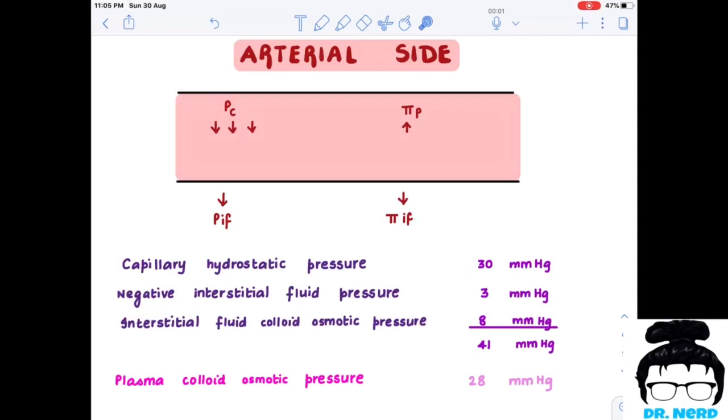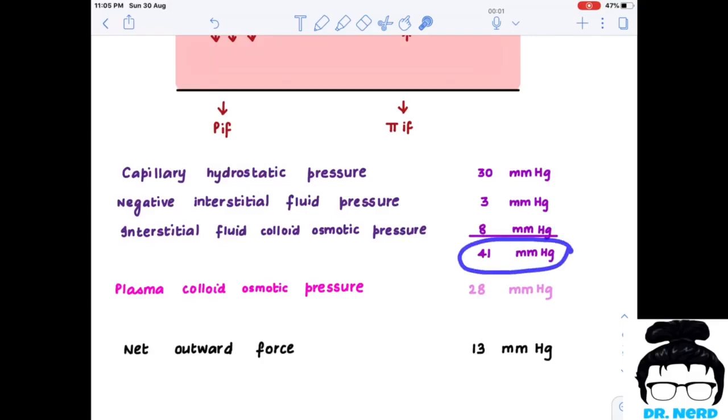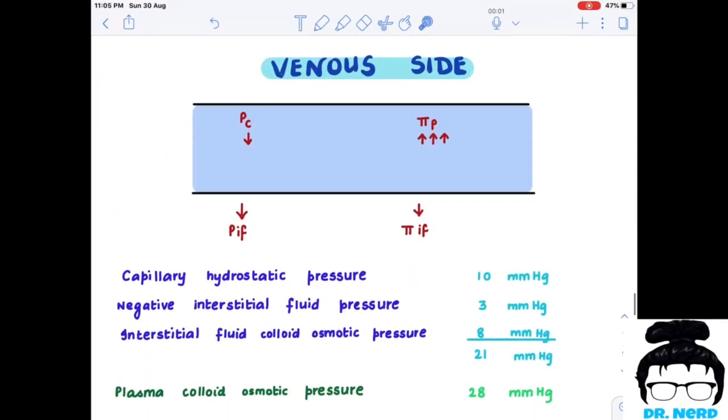So 41 millimeters of mercury minus 28 millimeters of mercury, the answer is 13 millimeters of mercury. Which value is higher? As we can see, the value for outward force is more, so the net outward force is equal to 13 millimeters of mercury. Now let's talk about the venous side.